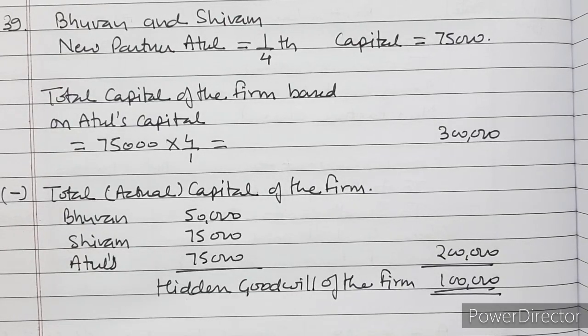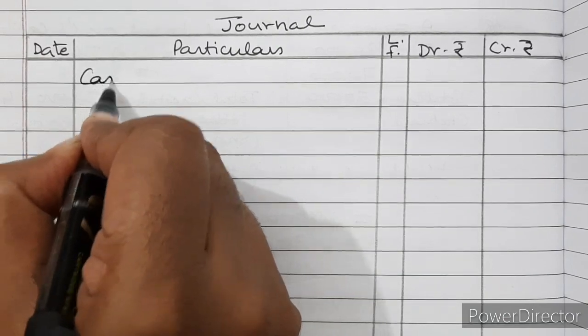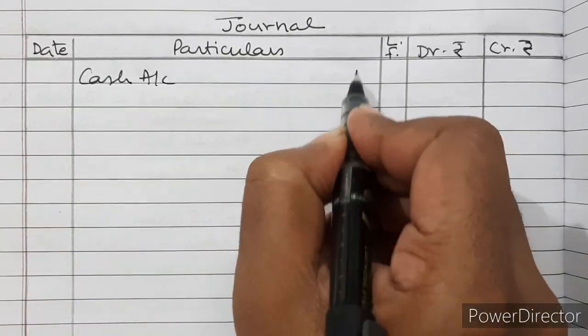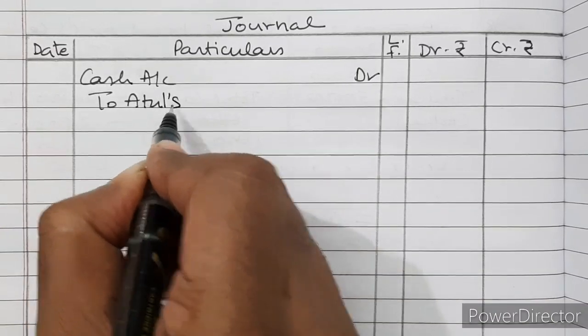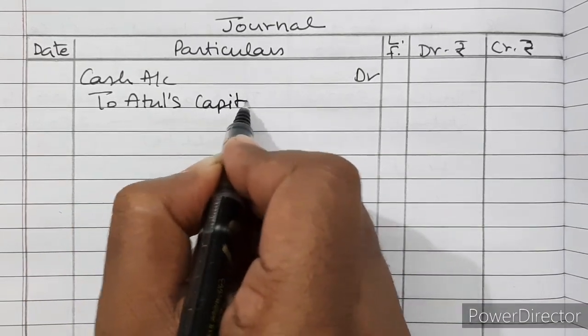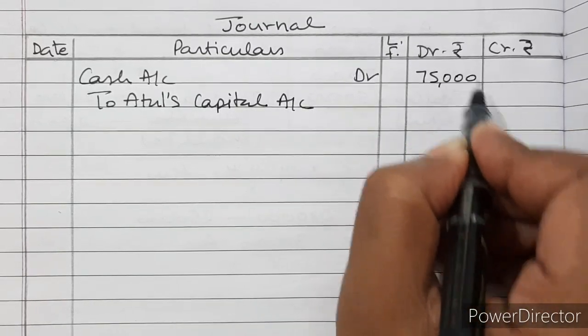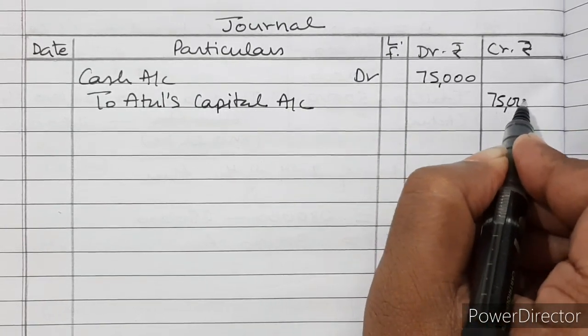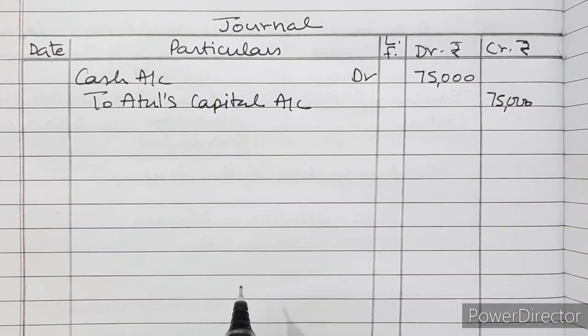Now let us see the journal entry for this. Now the journal entry, cash account debited to Atul's capital account. He is bringing 75,000 as capital, but is not bringing his portion of goodwill because it is not mentioned in the question.